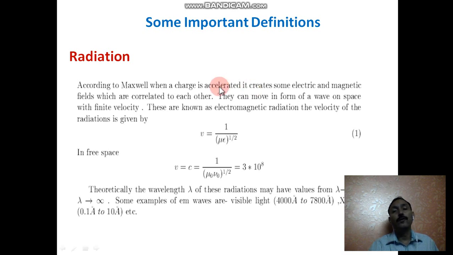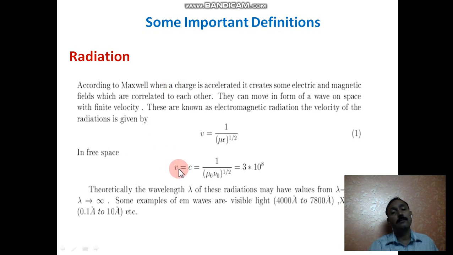They can move in the form of a wave in space with finite velocity. These are known as electromagnetic radiation, and the velocity of the radiation is given by v is equal to 1 by root over mu epsilon.